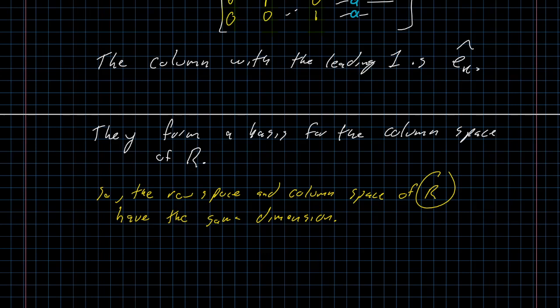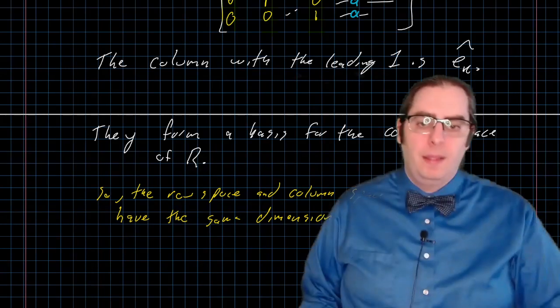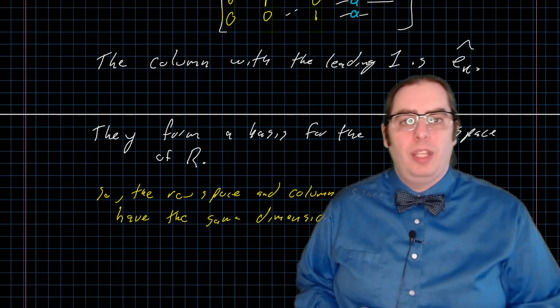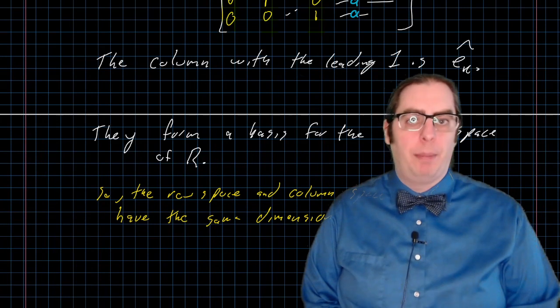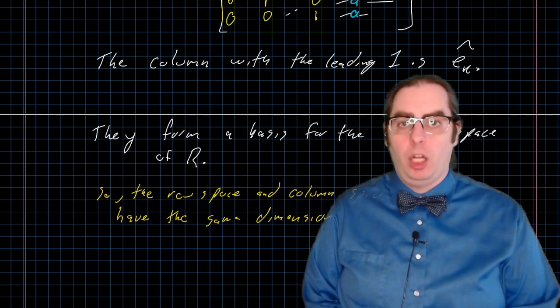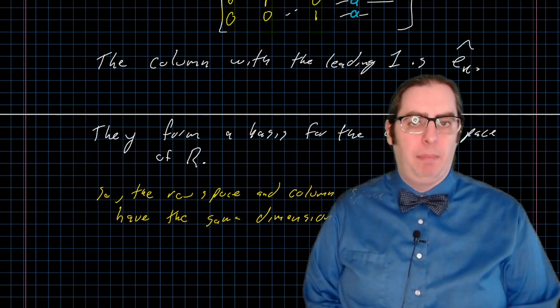Getting that conclusion into matrix A is a little bit crunchier, but it does absolutely work. To get there, we're going to have to think a little bit about how elementary row operations affect the columns of a matrix.